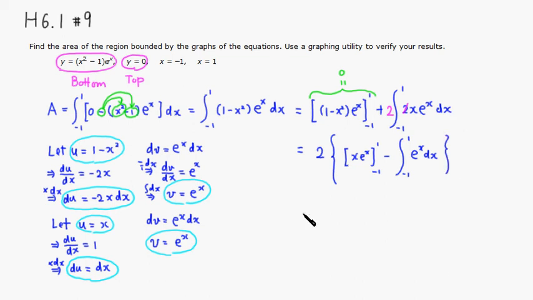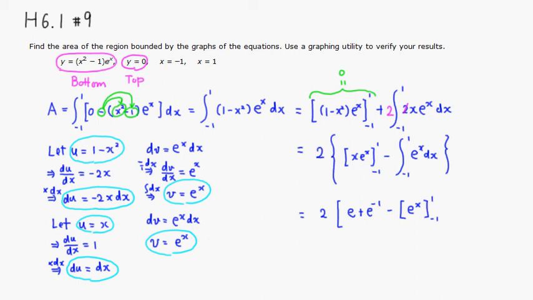So this is going to be equal to 2 times, and I'm going to plug it in. Plug in the top number, you get 1 times e to the 1, so it's e, minus plugging in the bottom number, negative e to the negative 1, so it's plus e to the negative 1, minus the antiderivative of e to the x, which is e to the x, going from negative 1 to positive 1.